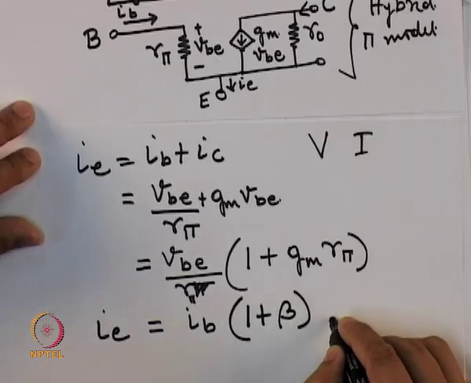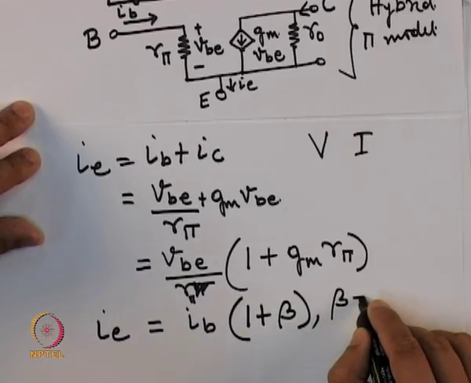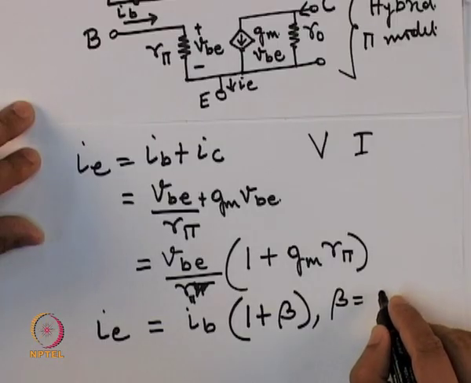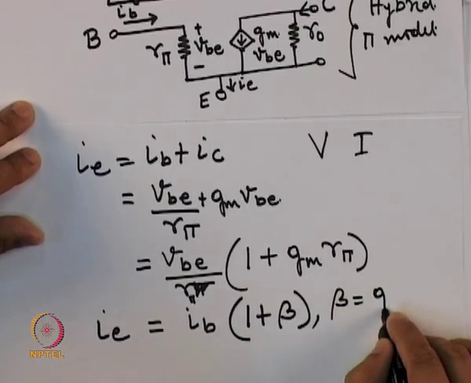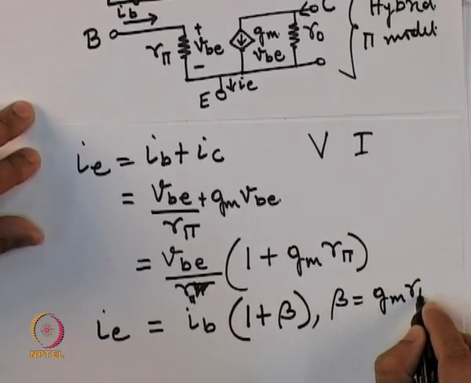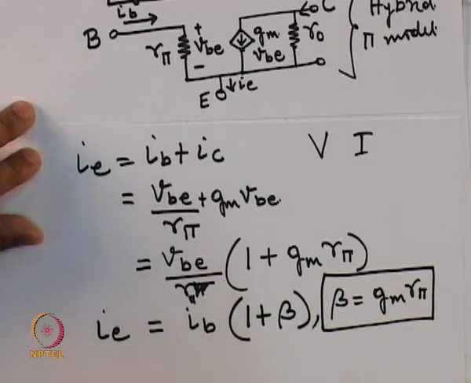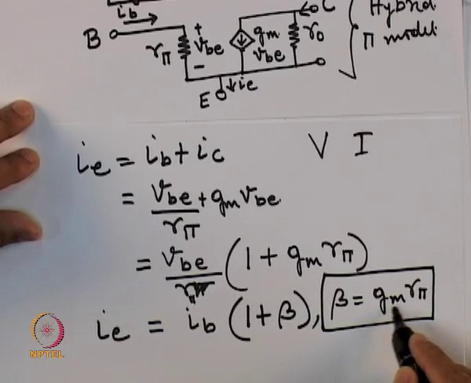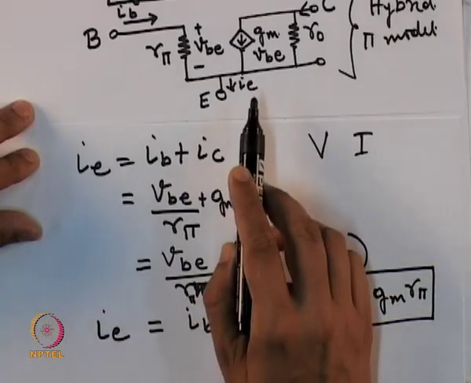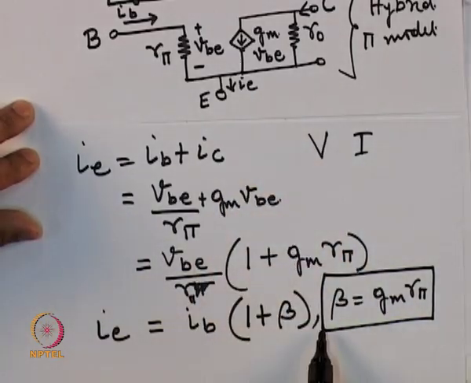Therefore, the beta of this small signal model is given by G m R pi. So, this is the equation relating the traditional beta. This beta is present irrespective of whether you linearize the circuit or you have an equivalent model, but this G m and R pi are specific to this model, and this is the equation that relates the two.